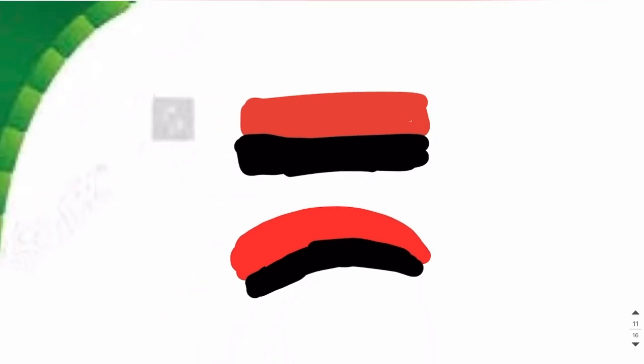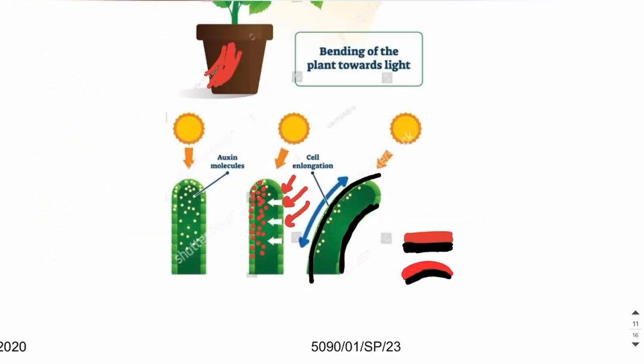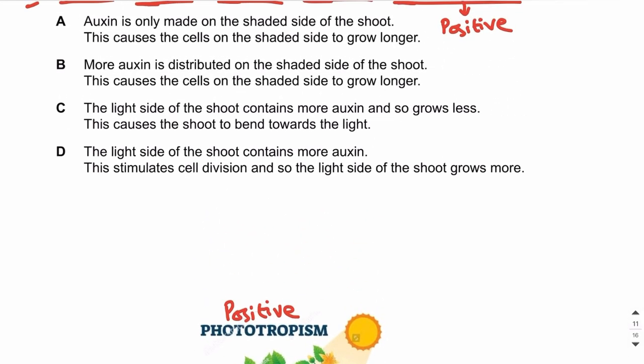Right? And if the growth occurs in the black area, the bending will be in the opposite direction. Right? So, because the growth occurs at this point, this area expands more and this area expands less, so the shoot bends towards the light. That is positive phototropism.